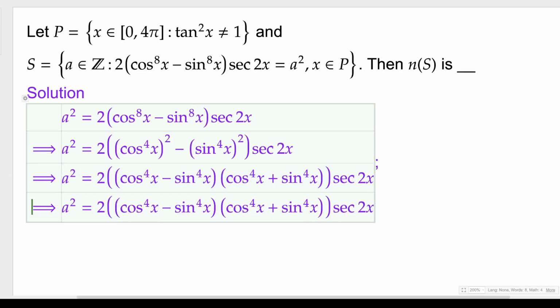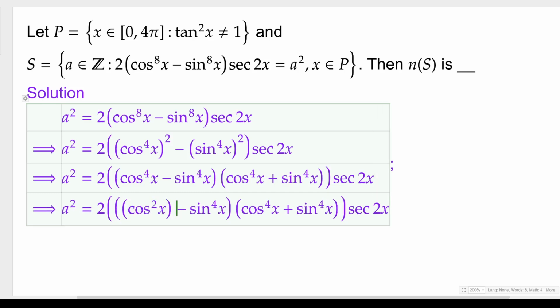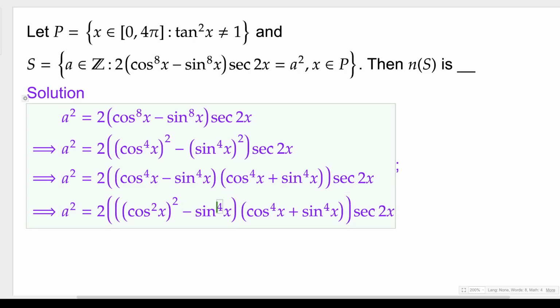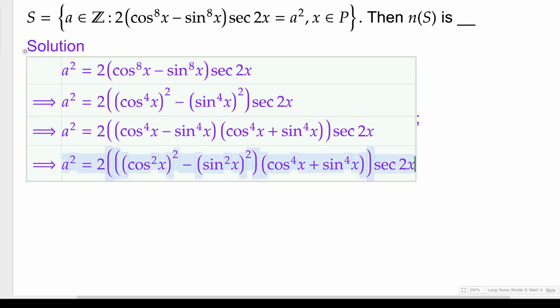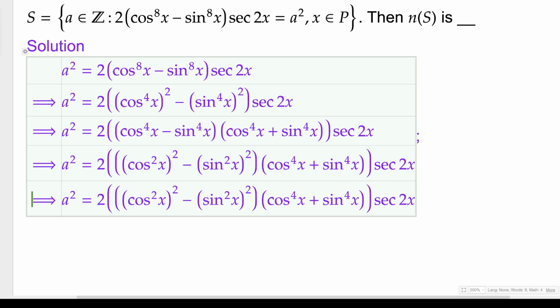Now here this one, if you observe, I can just write as cos x squared and again squared on top of it. Similarly for this one, sin x squared and squared on top of this. Now in the next step, again I'm going to apply the identity a square minus b square.